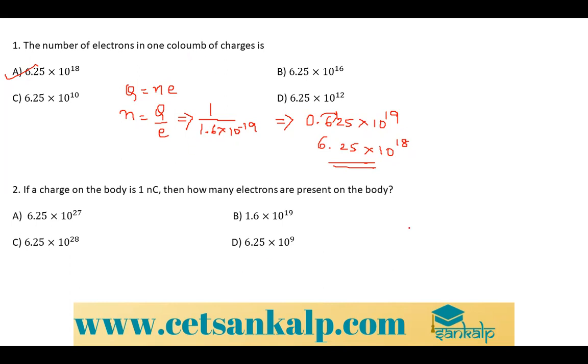So you can say that Q is equal to Ne. So N is equal to Q divided by e. So Q is 1 into 10 to the power minus 9 divided by 1.6 into 10 to the power minus 19.